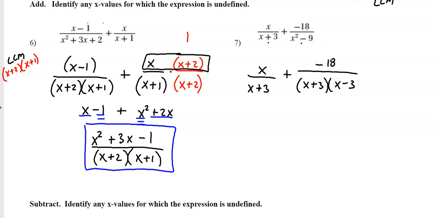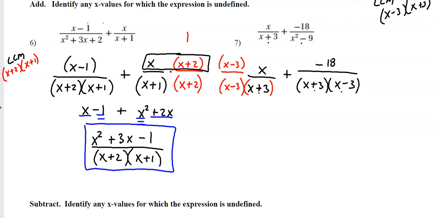So it looks like my LCM, when I look at the factors here, is x minus 3 and x plus 3. So I'm missing that from over here on the left side. So I need to multiply by x minus 3. And if I do it to the bottom, I have to do it to the top, multiply by 1.